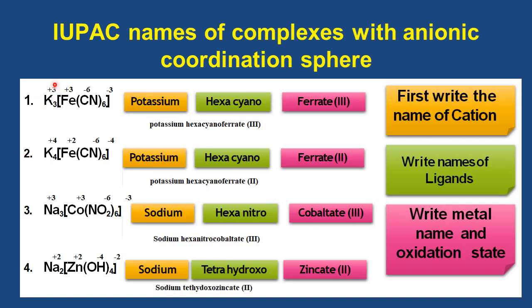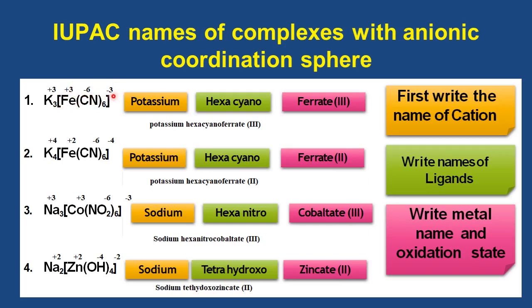We have to work out the coordination sphere in order to bring about -3. So students, CN is a monodentate ligand having -1 charge. As we have 6 CN ligands, the total negative charge is -6. So iron must possess a charge of +3, because -6 plus 3 gives -3, which is counterbalanced by potassium +3.